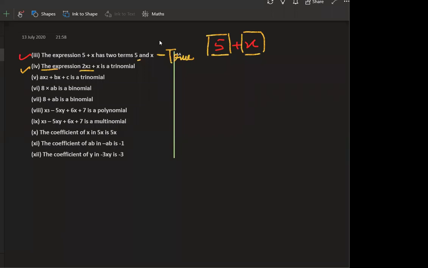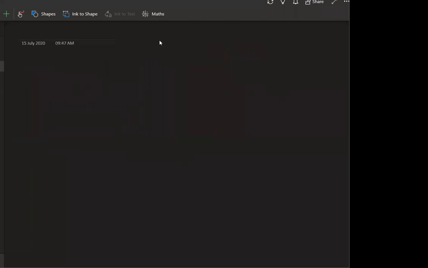Now let's talk about the fourth. The expression 2x square plus x is a trinomial. Now let me tell you what a trinomial is. Students, look at this very carefully.